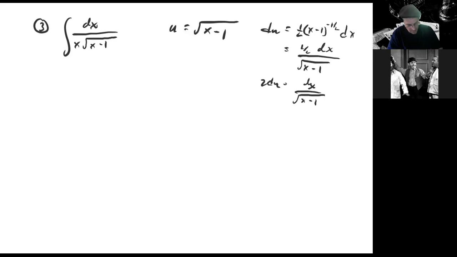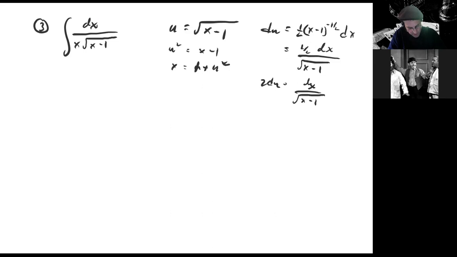Now I have that in the integrand already. I just have to account for the x, but what is x? Well, if I square both sides of the expression, I get u squared is x minus 1, so x is equal to 1 plus u squared.